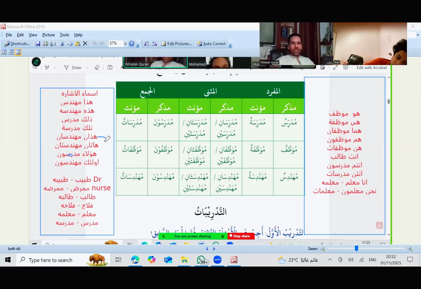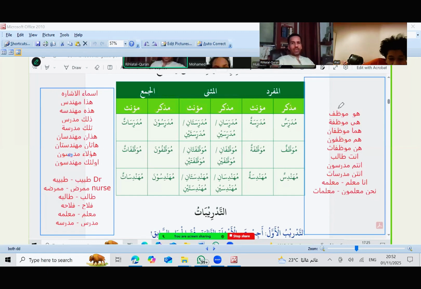Move to the dual, the double. هذان طبيبان. Excellent. What about the feminine? هاتان طبيبتان. And then let's move to the plural. For example, طبيبات. What should we use? هؤلاء or أولئك? هؤلاء. Both of them are fine, but one for close and one for far, right?